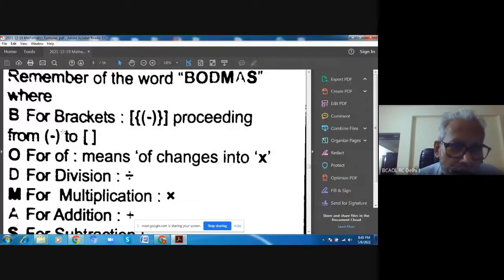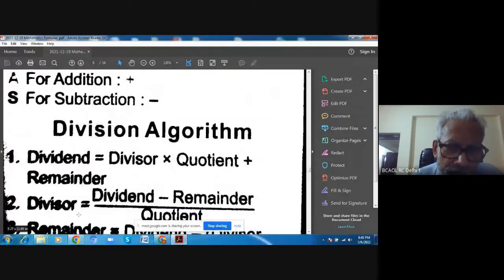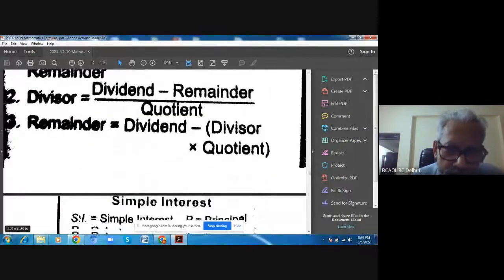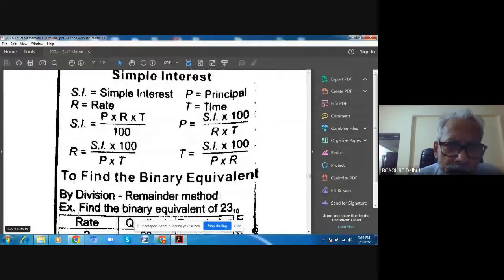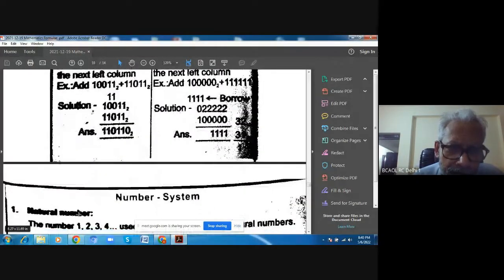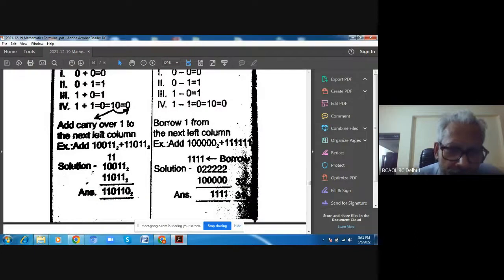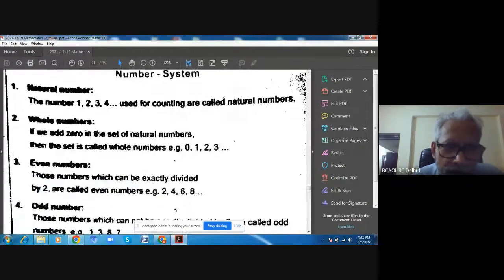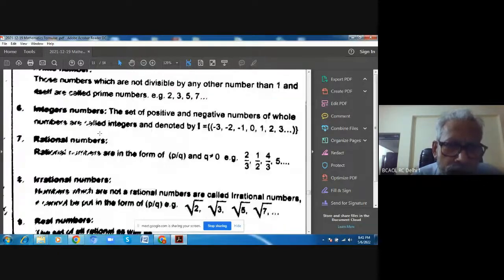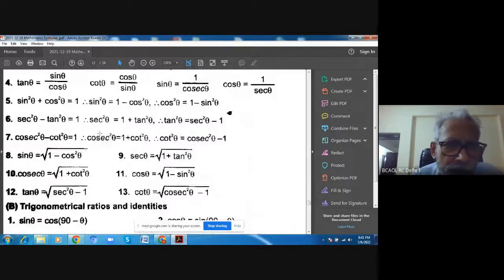अगर आपको ये BODMAS याद रहेगा, तो आपको ब्रैकेट, then you have divisions, multiplication, additions, so that step by step आपको करना है। Division algorithms, then your simple interest formulas, properties of binary numbers, ये आपको BCS-11 में काम आ जाएगा। Then your number systems, okay, then your trigonometry, some of the things are there.